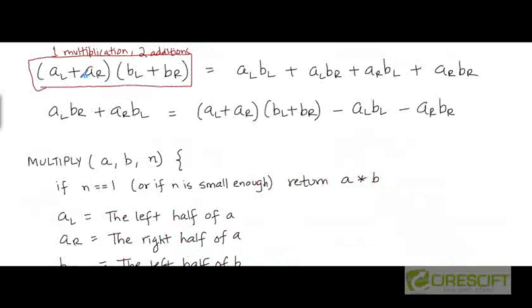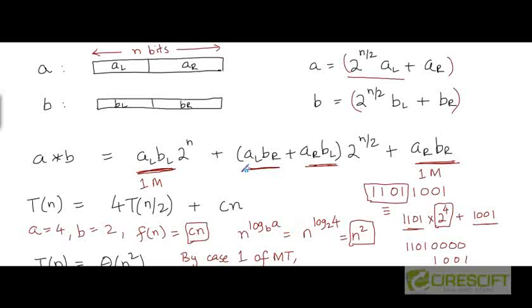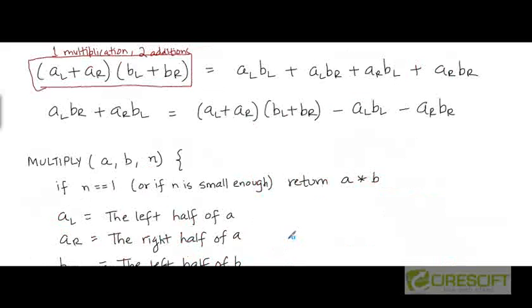And assuming that we have computed this product using one multiplication, notice that we can directly get the value of AL times BR plus AR times BL, which is this, by taking this result and subtracting AL times BL and AR times BR from it. Right? So this expression is equal to this result minus ALBL minus ARBR.